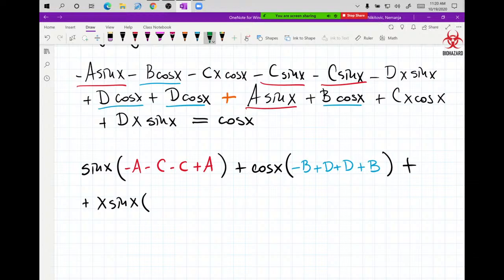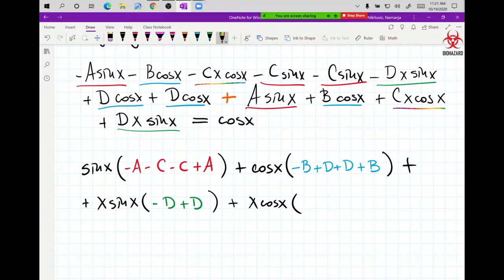X sine x is this one here, and this one here. Well, they just cancel. Minus d plus d. And then we have plus x cosine x. X cosine x, x cosine x. That's a minus c plus c. Equal to cosine x.